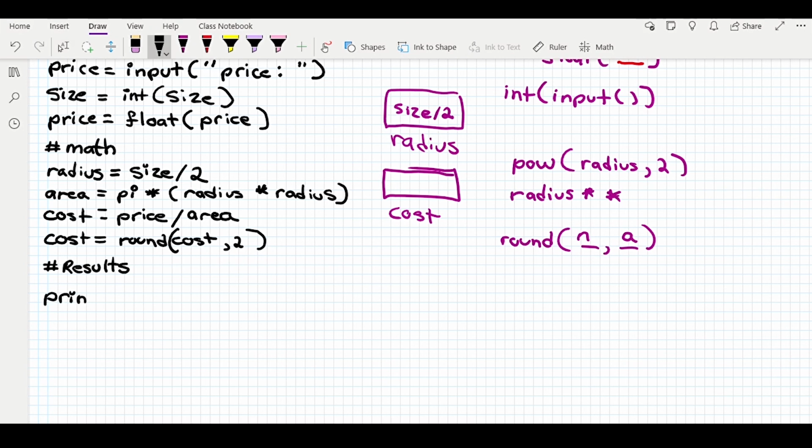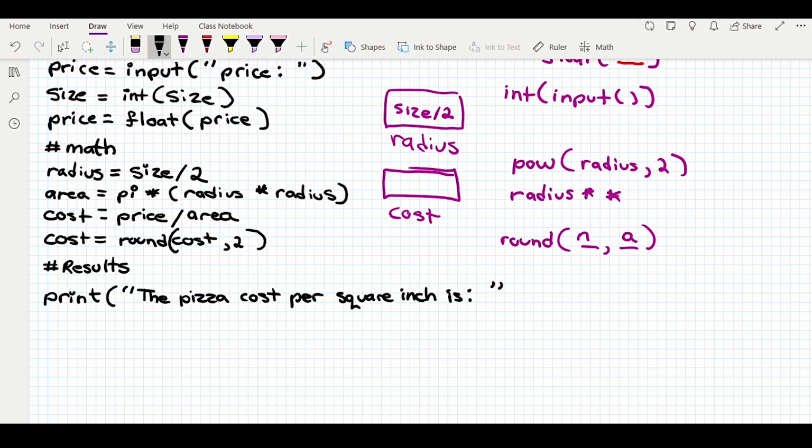So print, and we'll put in quotes: the pizza cost per square inch is, this is a long line, and put the semicolon and a space, that's a space there, and then I am going to use the variable.